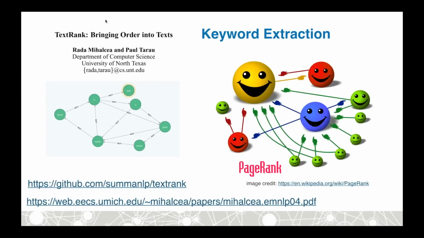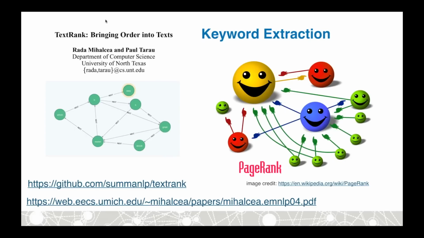So PageRank is this iterative graph algorithm that basically allows us, for some graph, to identify the most important or most central nodes in the graph. So in the picture on the right there, the yellow node is the largest or the most important because of the size and number of the other nodes that point to him in the graph.